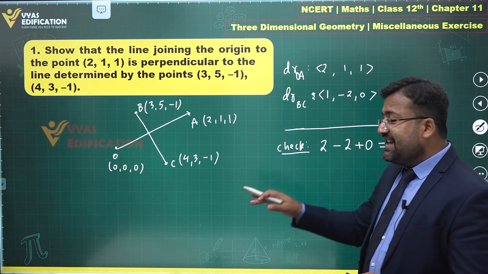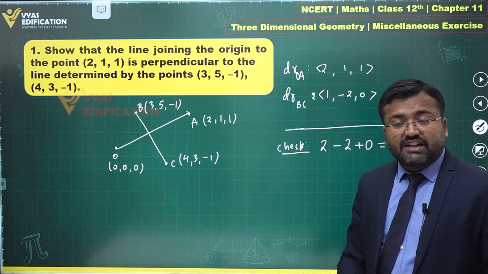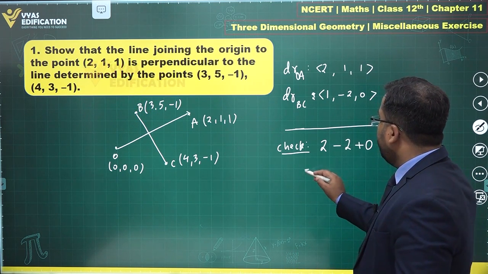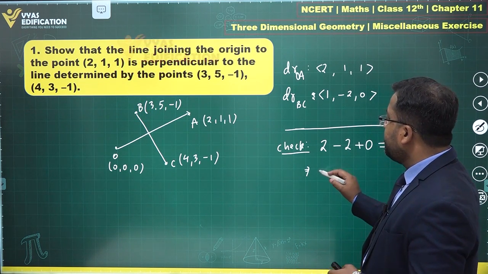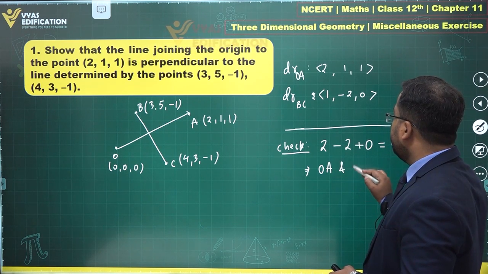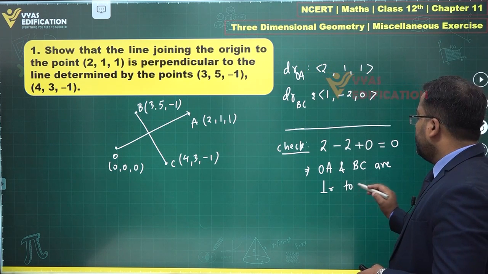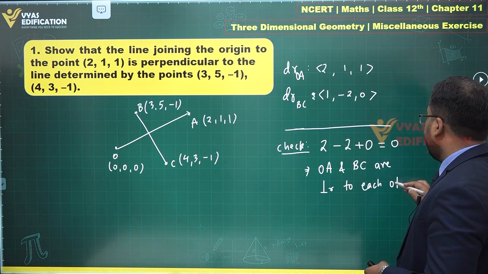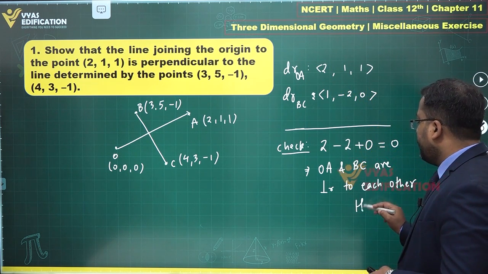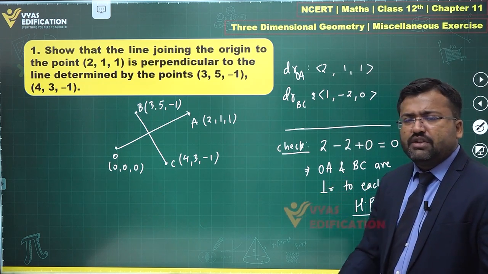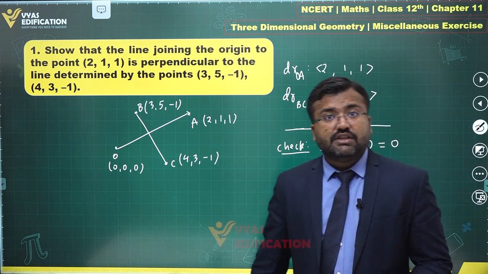Since this sum of products is 0, therefore you can say that OA and BC are perpendicular to each other. That's what we wanted to prove. That's a complete proof of this particular question number 1.